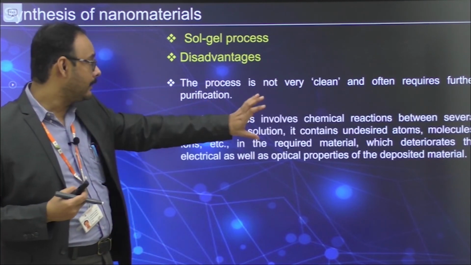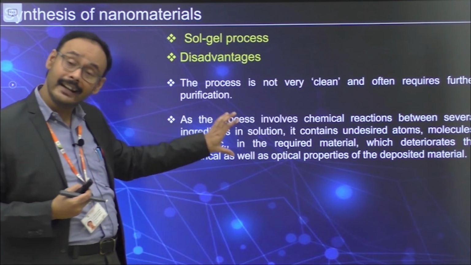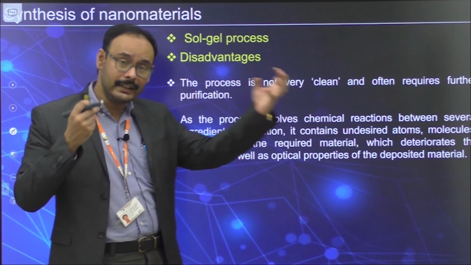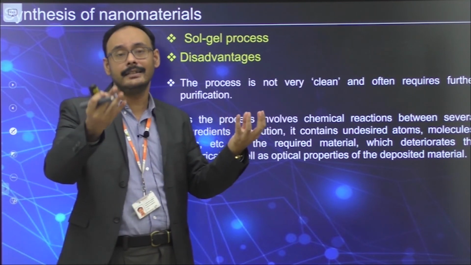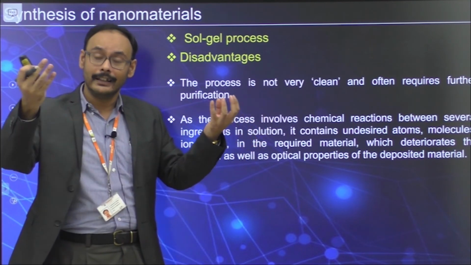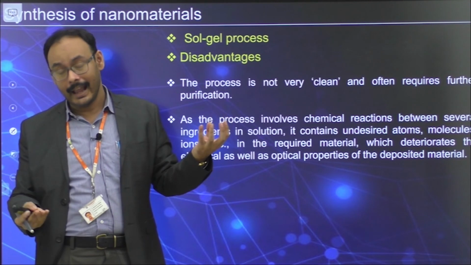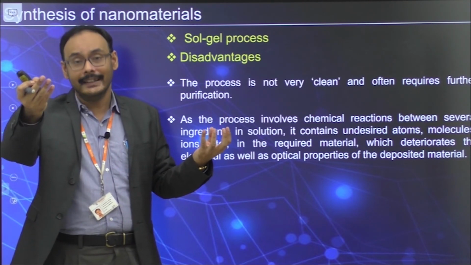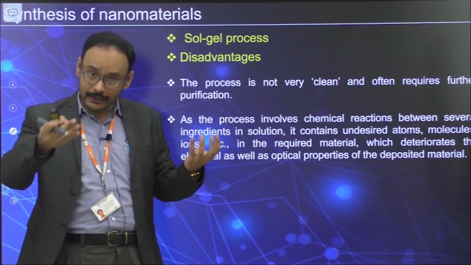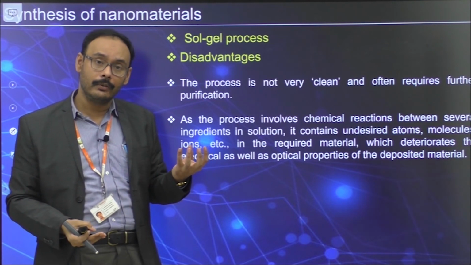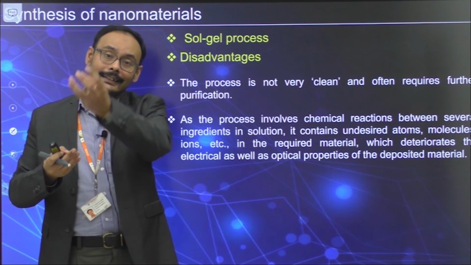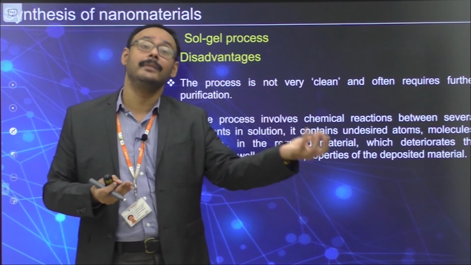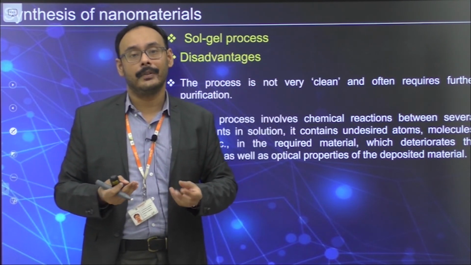The process involves chemical reactions between several ingredients in solution, of different types. One is your precursor, which you hydrolyze to form a hydrolyzed product. This hydrolyzed product is going to react with another hydrolyzed product to give one condensation product, or it is going to react with the starting material to give another type of condensation product.